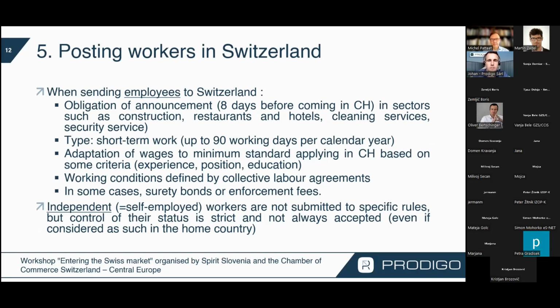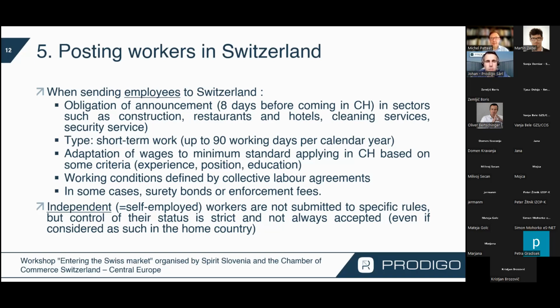The reason why is that they want to prevent social dumping from foreign companies. So the first element is that there is an obligation to announce the employees sent to Switzerland 8 days before they come in Switzerland. It is applicable to several sectors such as construction, restaurants and hotels, cleaning services, security services, but there are others as well.